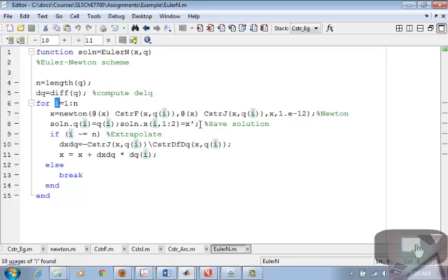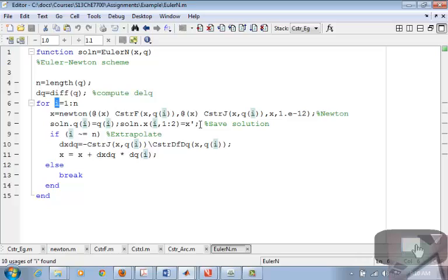But I do need to write a new function called CSTR df dq. Okay, that's going to calculate the derivative of f with respect to q in those two equations. Okay, so I need to show you how to write that. Okay, so what I'm doing is I'm kind of breaking it up into parts so that all you need to do is find your own part and plug it in, and this framework will work for you on a different problem.